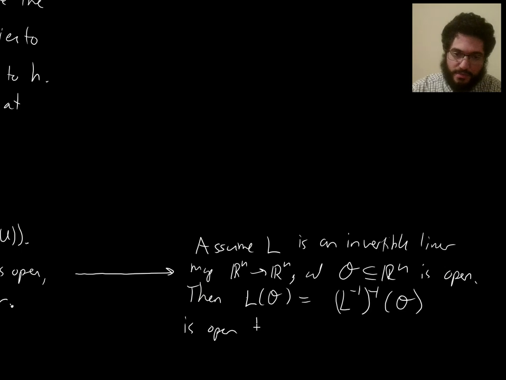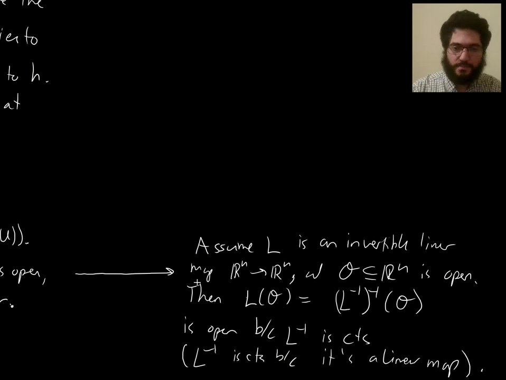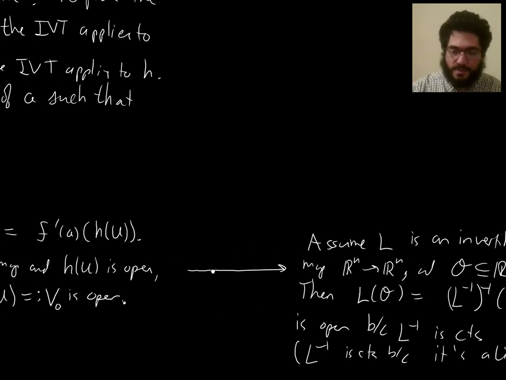So this is open because L inverse is continuous. And by the way, L inverse is continuous because it's a linear map. Linear maps are continuous, and the inverse of a linear map is always a linear map. Okay, so that's the justification for that.